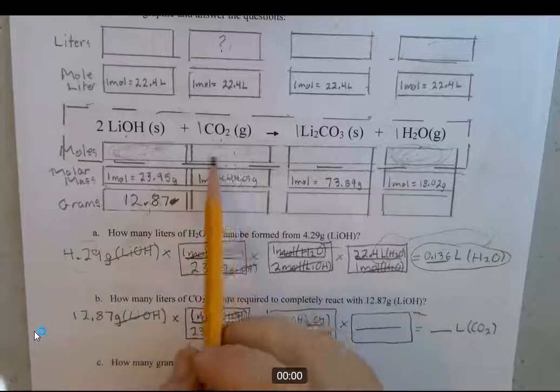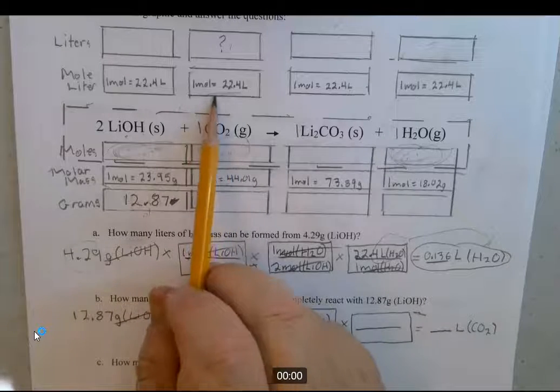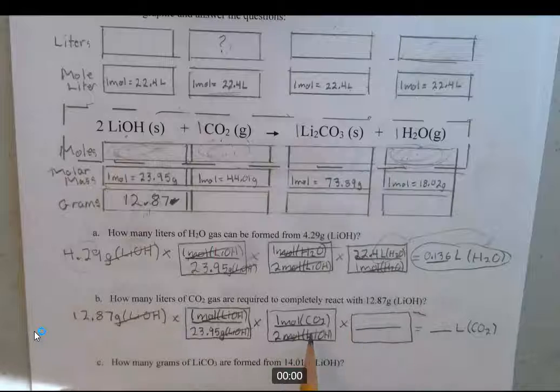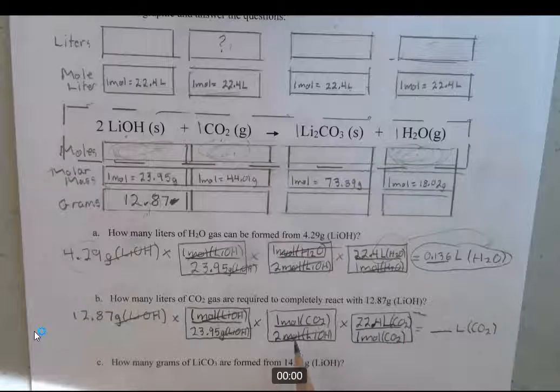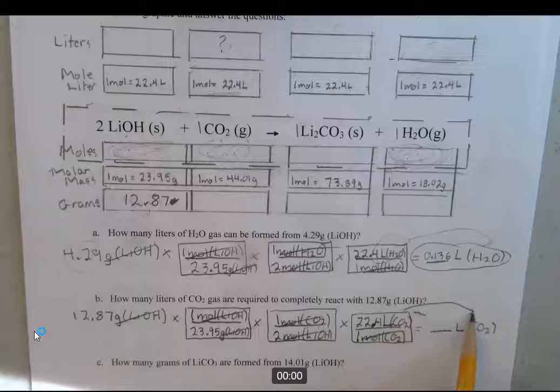So now we're sitting in this box. Now we need to use this conversion, moles to liters, to get out. We need moles of CO2 on the bottom. And liters of CO2 is going to go on the top. Mole CO2 cancels and cancels. Liter CO2 is the last one standing there.